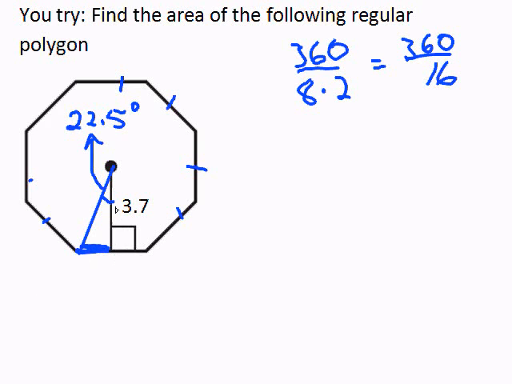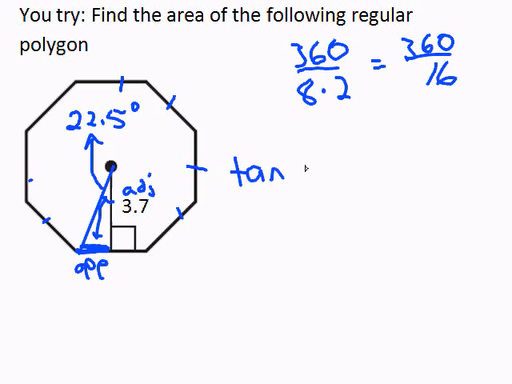And what we're going to do that is we notice that we have the opposite of our angle. So this right here is the opposite, and next to it is 3.7, which is the adjacent. Which one of sine, cosine, and tangent uses opposite and adjacent? The answer is tangent.